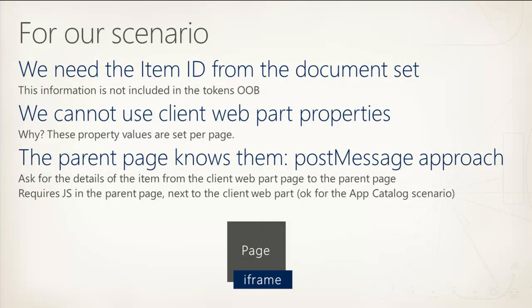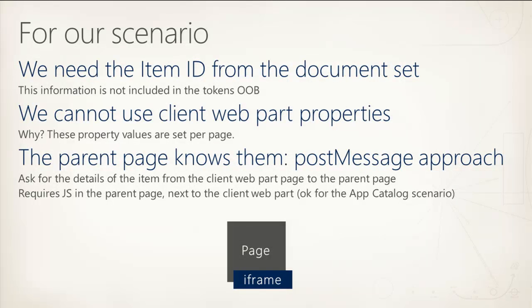And if you've worked with document sets, you know that the document set homepage is pretty much a forms page, which means it's one page for all the items. Why is that important? Because there's the concept of web part properties in client web parts, and they're defined per web part per page, and they're part of the web part tool pane.